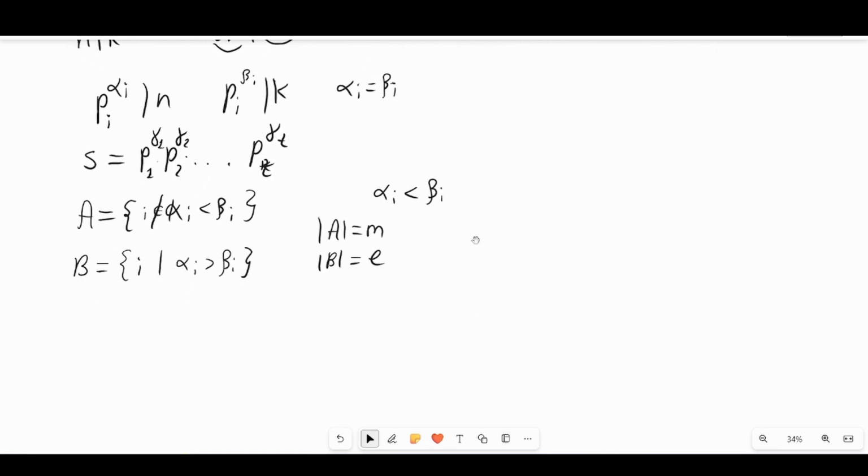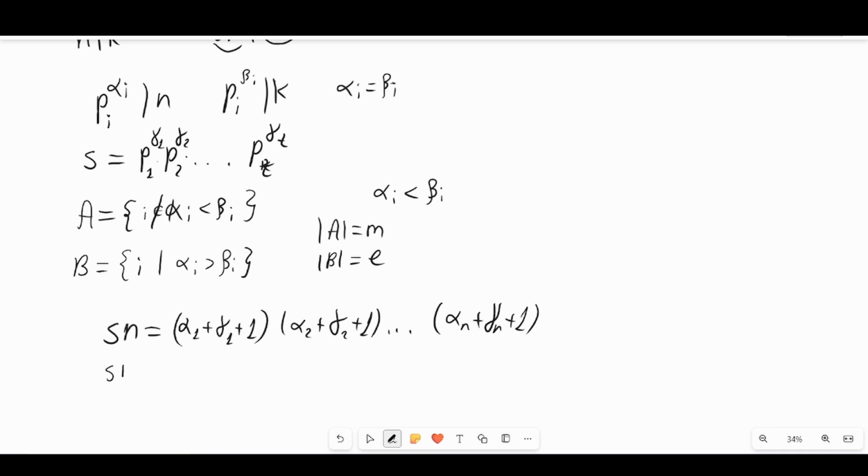And our aim is to construct new integers of a different type. What can we say about the number of divisors of s times n? This would be alpha 1 plus gamma 1 plus 1, times alpha 2 plus gamma 2 plus 1, all the way up to alpha t plus gamma t plus 1.